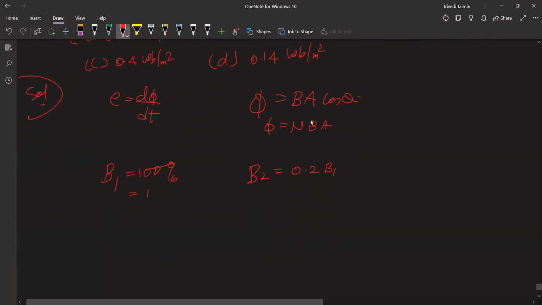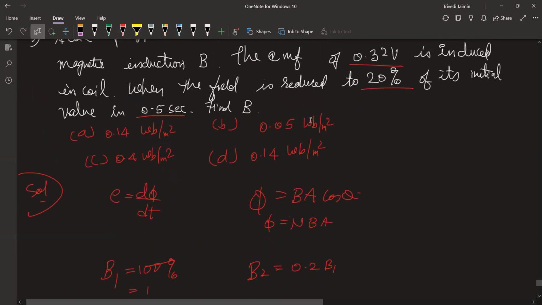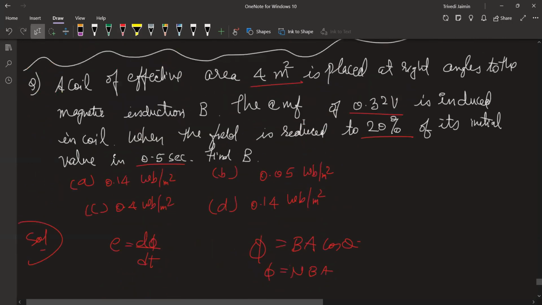Okay, let's check. Okay, this one we did. Then let's go with the formula. Equals A (B1 minus B2) by T. Area is how much? What's the value? 4.